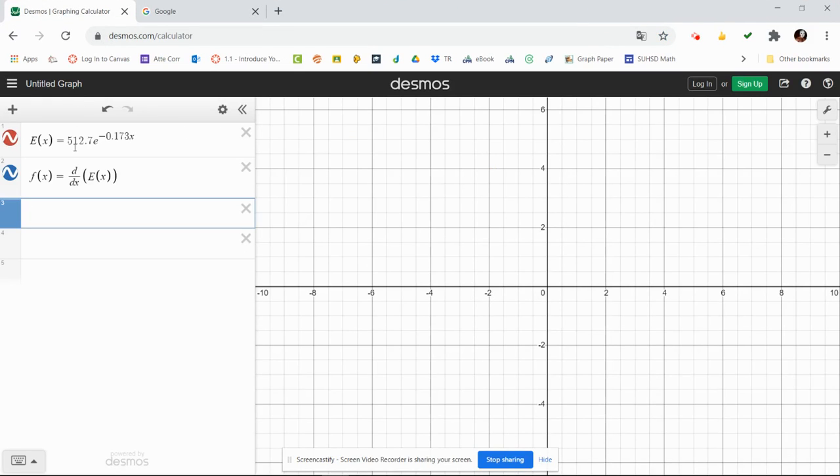I typed in x instead of t because Desmos likes x a lot better. And then I gave the derivative of E the name f of x. So all I need to do now is find f of 22, and that will give me the answer right there, which is negative 1.972. All right.